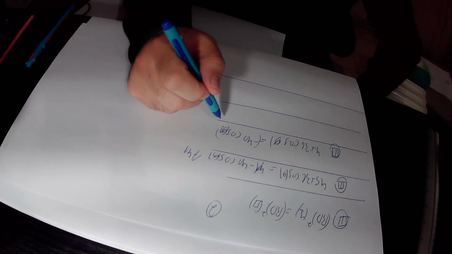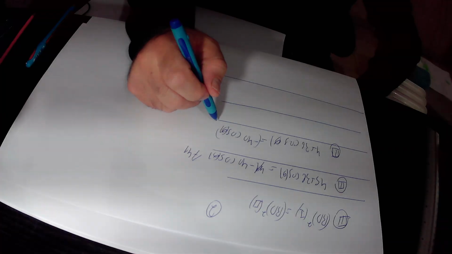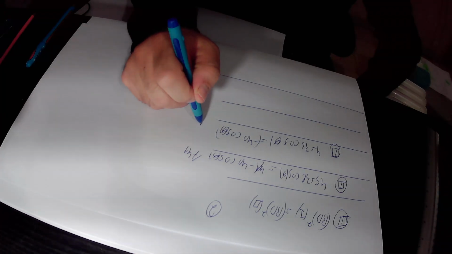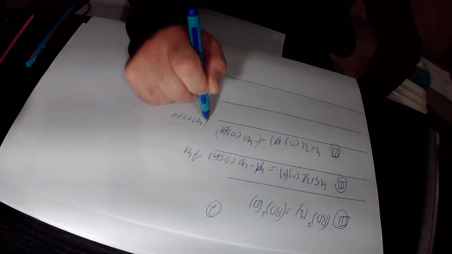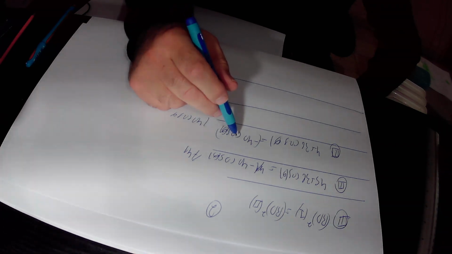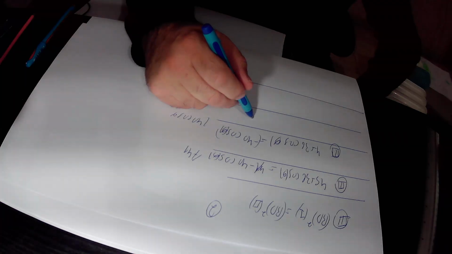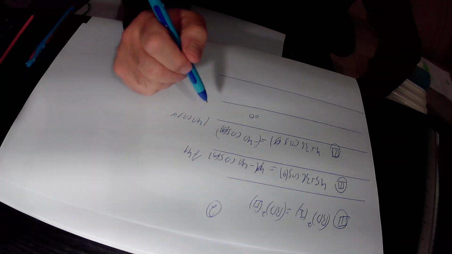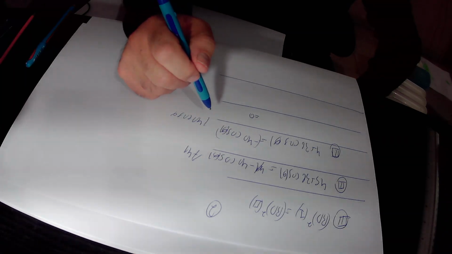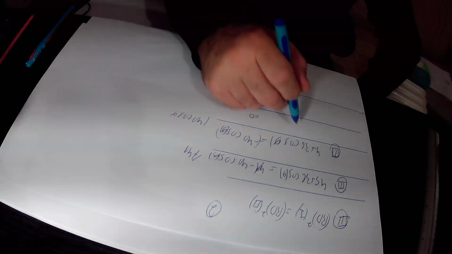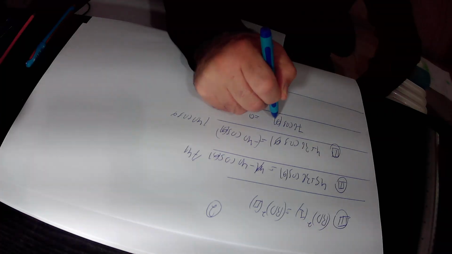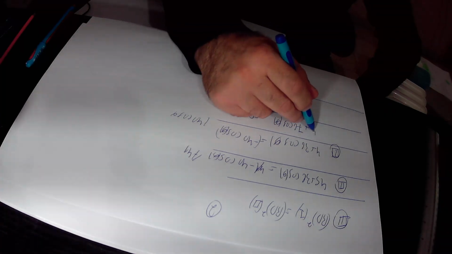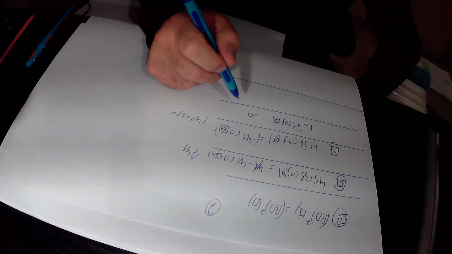So here we will add 40 times cosine alpha to this equation. So 40 times cosine alpha minus 40 times cosine alpha is 0, so we have 0. On the other side of the equation we have 36 cosine alpha plus 40 times cosine alpha is 76 cosine alpha plus 4 equals 0.